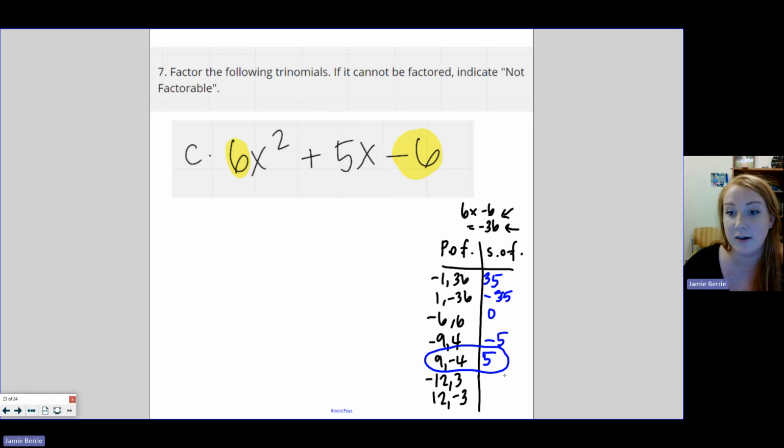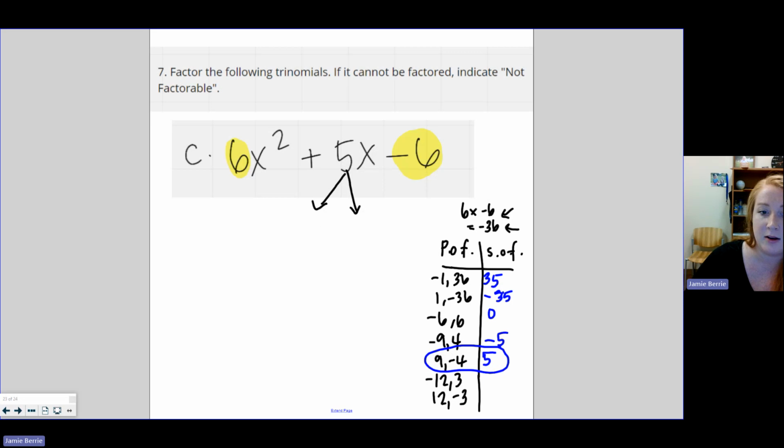Once you have found the correct factor pair, the one that adds up to the middle term, you're going to take that middle term and split it up into 2 pieces. The 2 pieces are determined by what you just found. 9 minus 4 is the same as 5.